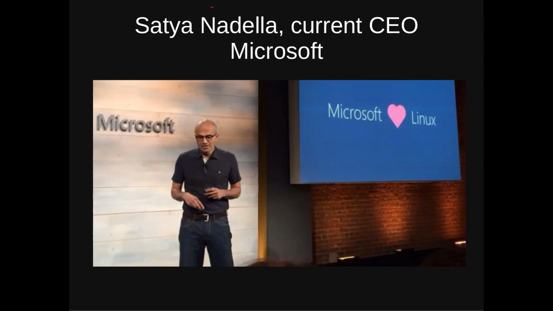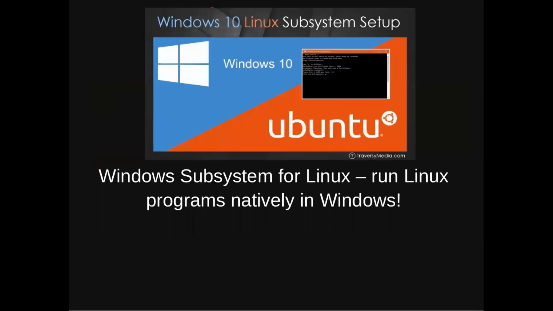But I have to say, certainly over the last few years, actions speak louder than words, and they have done a lot of stuff that indicates they are maybe serious about this. So we had the introduction of Windows Subsystem for Linux. So if you've got Windows 10, you can now run Linux programs natively in Windows. That's a big thing if you think about it.